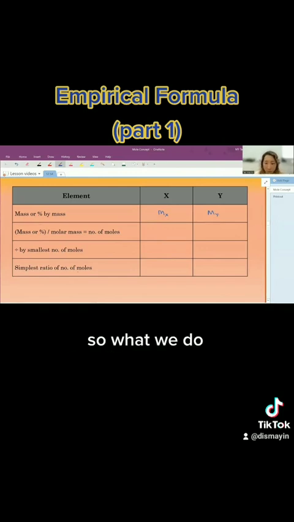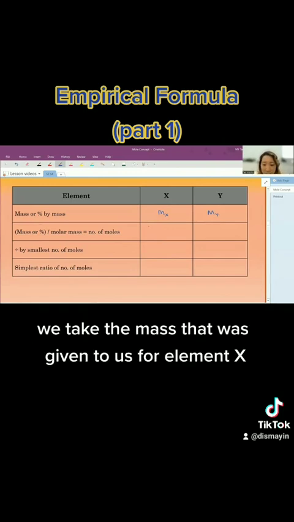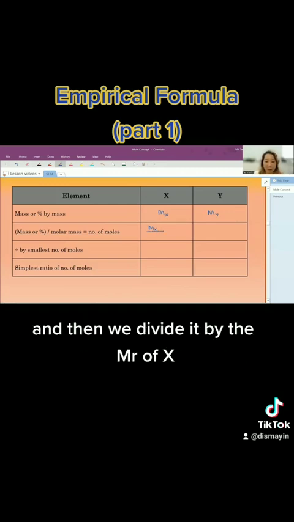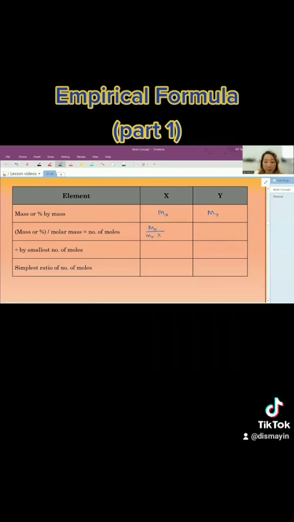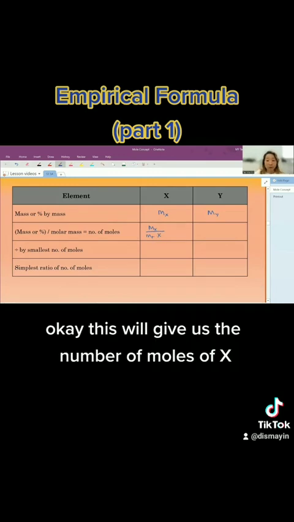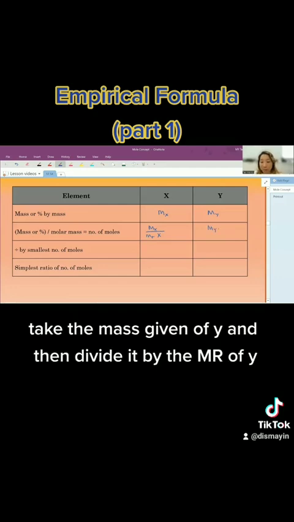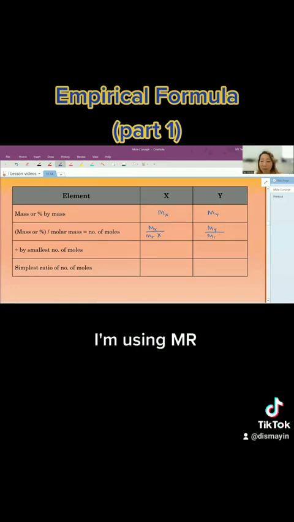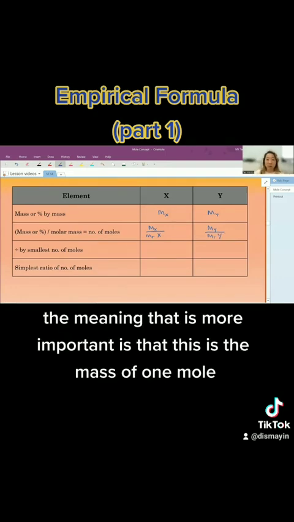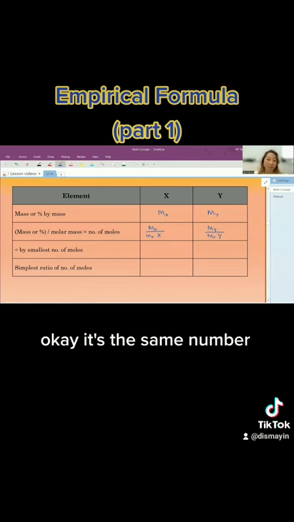So what we do is we take the mass that was given to us for element X and then we divide it by the MR of X. Okay, this will give us the number of moles of X. So same here. Take the mass given of Y and then divide it by the MR of Y. I'm using MR, but actually the meaning that is more important is that this is the mass of 1 mole. Okay, it's the same number.